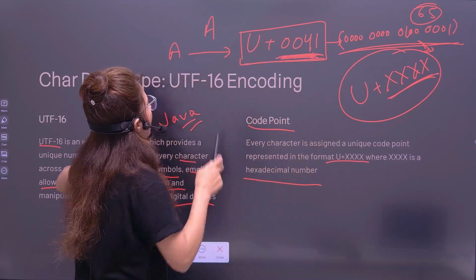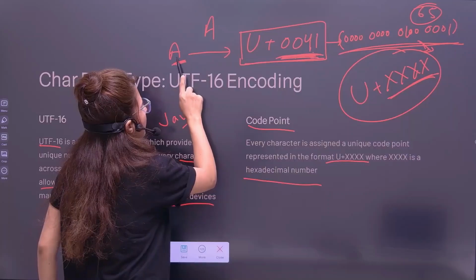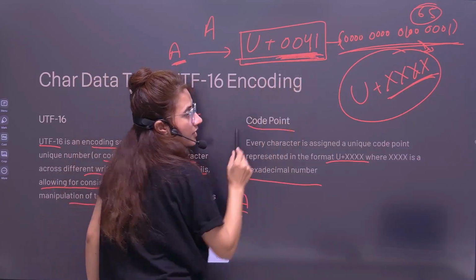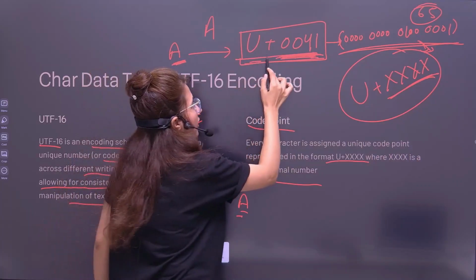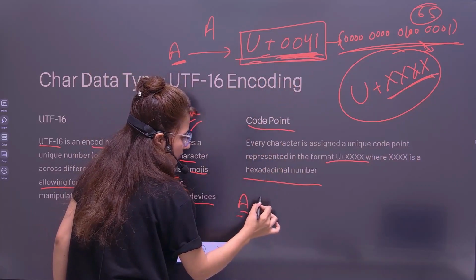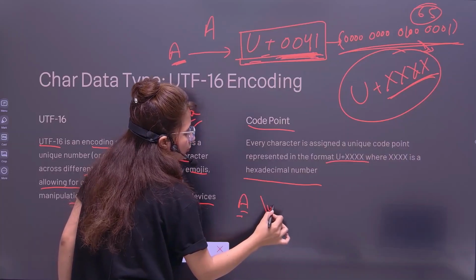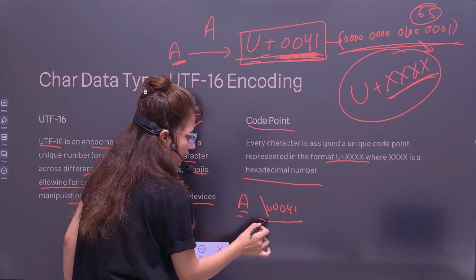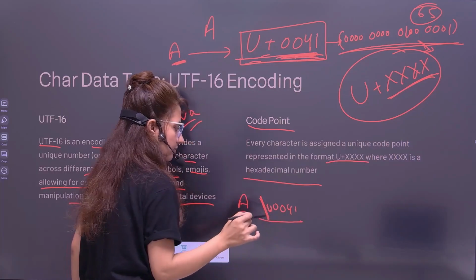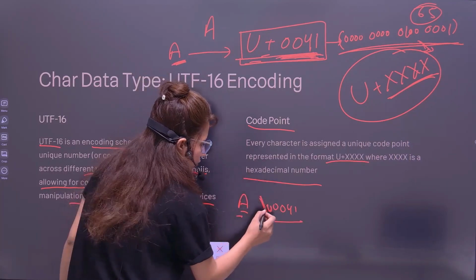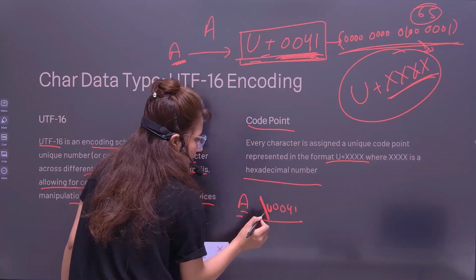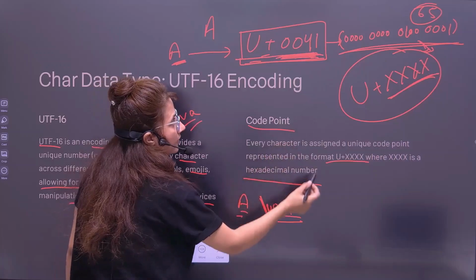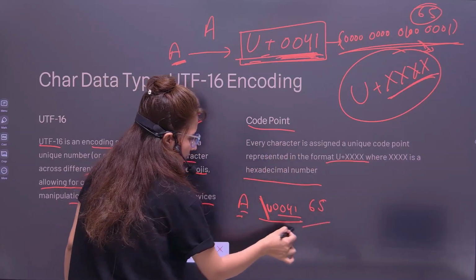So this A can be represented by the literal A, or by this encoding scheme, and we write it something like this: backslash small u 0041. This u is for Unicode, and this is the hexadecimal form. Or it can be represented by the decimal number 65.